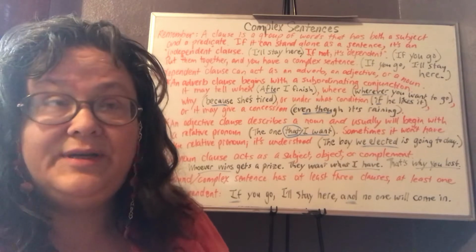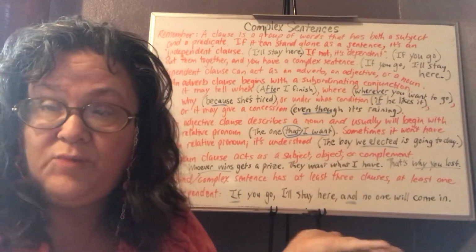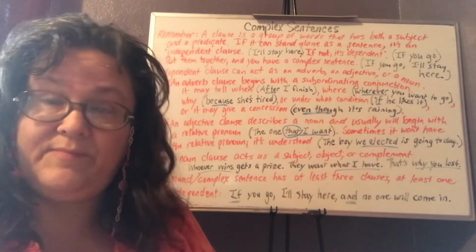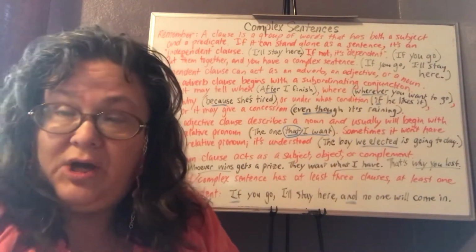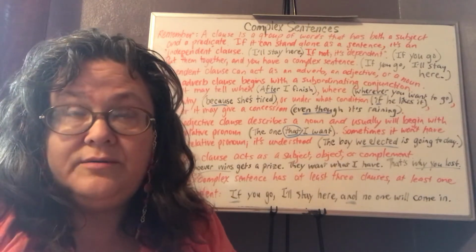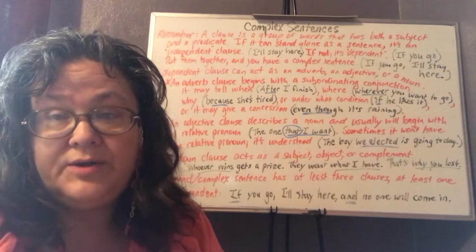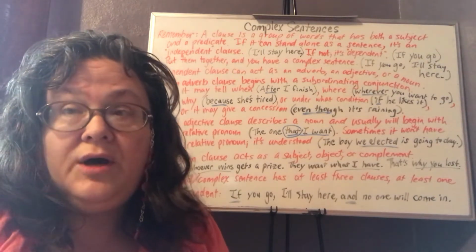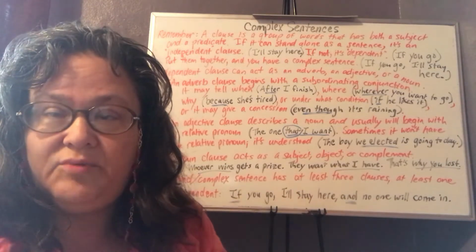Anyway, this next section is going to be a review of complex sentences and what makes them up. Okay? So, when we're going to talk about sentence construction, we need to remember what a clause is. A clause is a group of words that contains both a subject and a predicate.